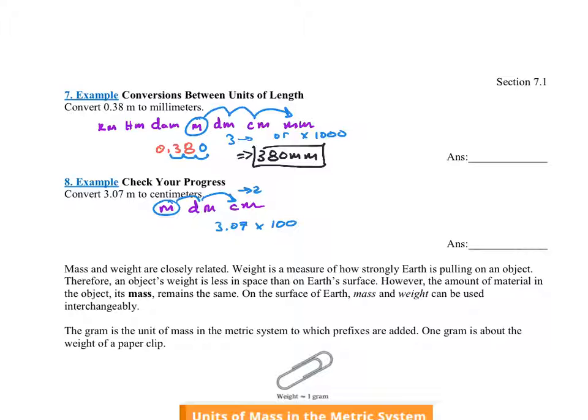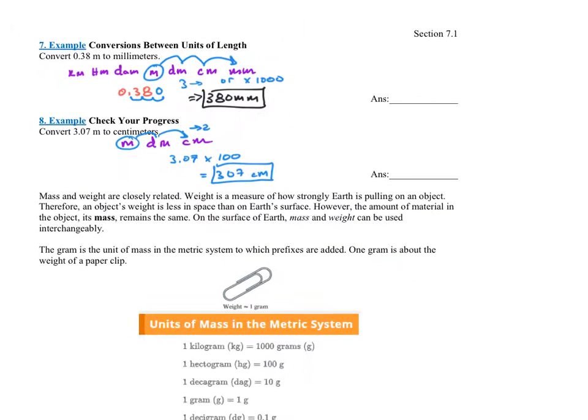Again, because it's to the right, I use multiplication, or I'm just moving it 2 decimals to the right, and that would be 307. We've got to be careful here. You most certainly want to label your answer. 307 centimeters.